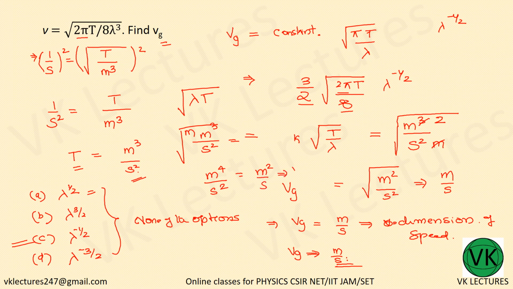This is not the dimension of velocity. So option A is wrong. Similarly, B and D also will be proven wrong. So this lambda has to be minus 1 by 2.